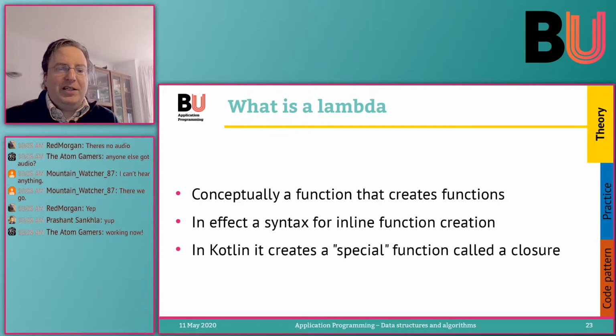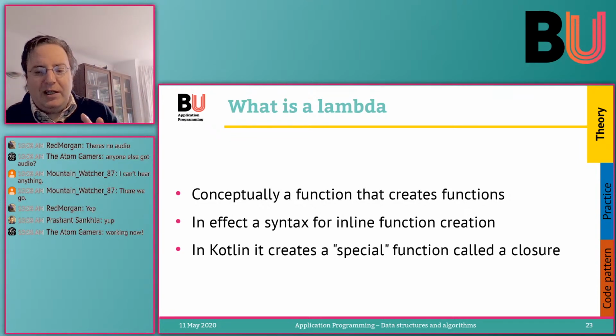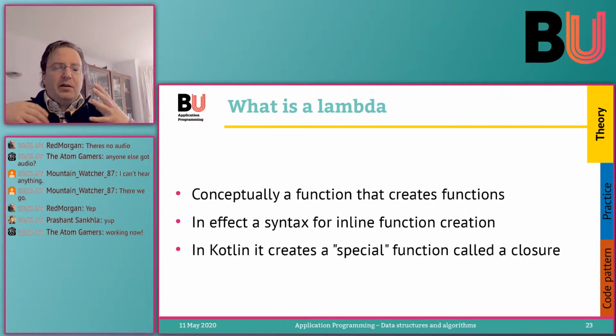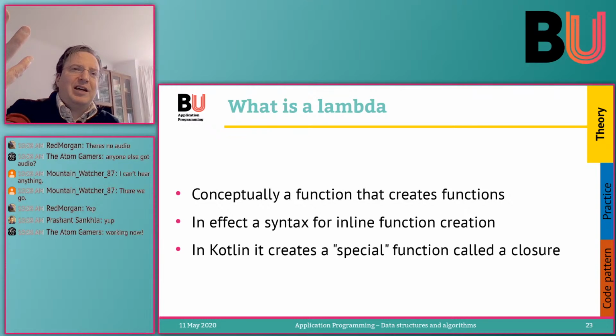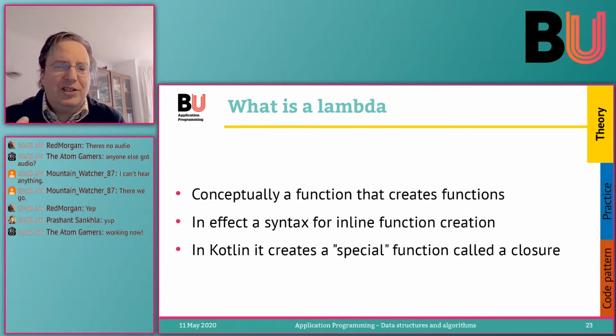So a lambda is a function that creates a function. Effectively, it's a syntax for creating inline functions. In many languages, including Kotlin, what is created actually is not so much a function as something called a closure. The difference between a function and a closure is that a closure allows you to capture values out of the context in which the lambda function was called.